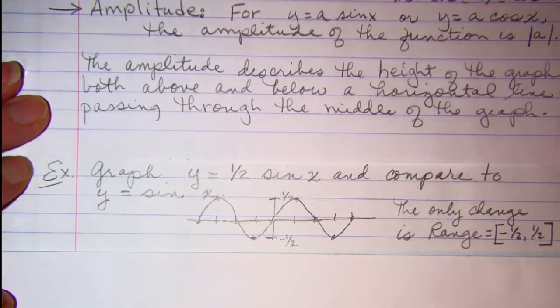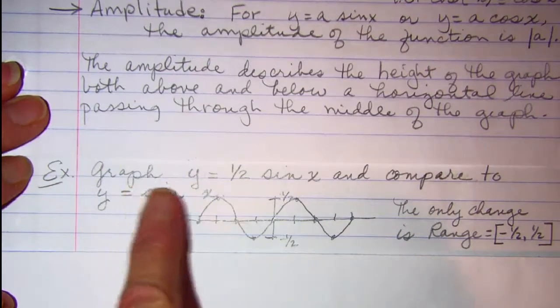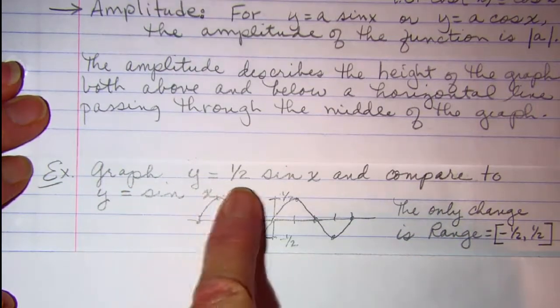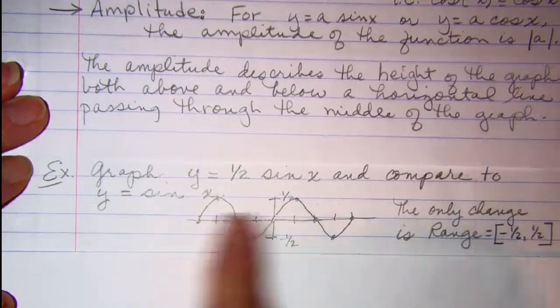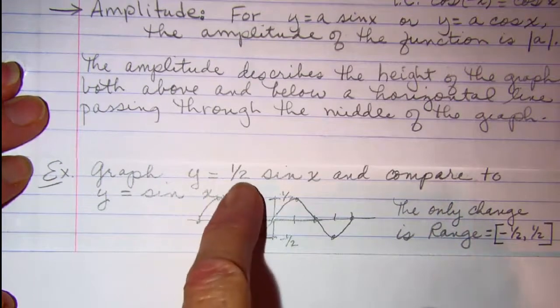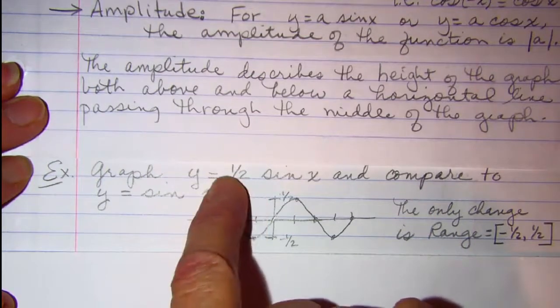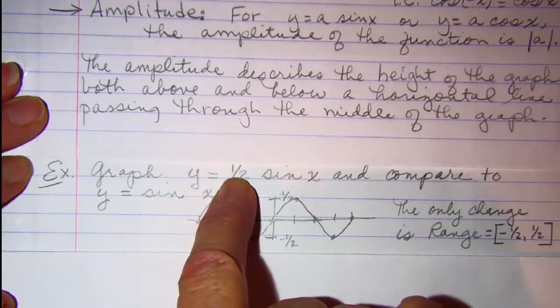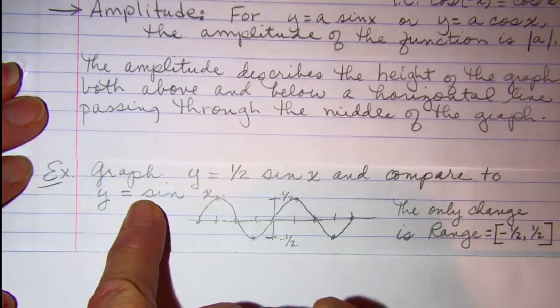So our first example when we're talking about amplitude is to graph y equals 1/2 sine x and compare that to y equals sine x. Now the only difference in the equations is the coefficient of sine x. The one that we're graphing has a 1/2 coefficient, and the other one that we're comparing it to has 1 coefficient.